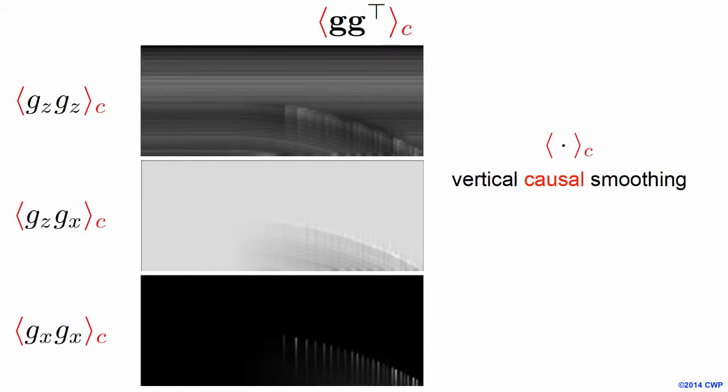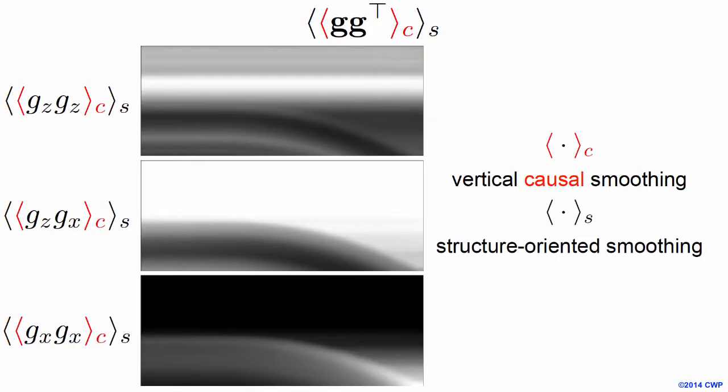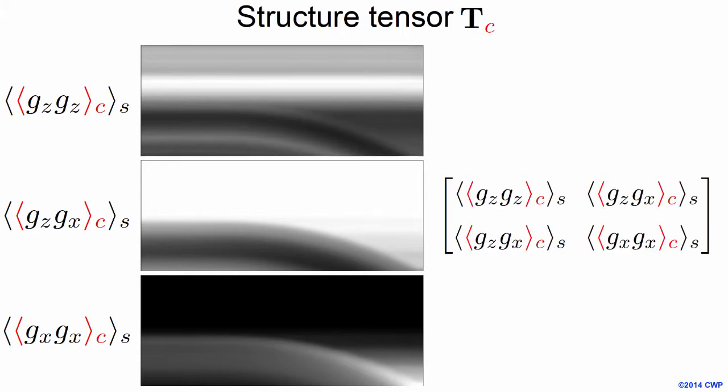Now for the smoothed outer product with the vertical causal smoothing filter, we further apply a structure-oriented smoothing filter. After doing that, the structures in these 3 images are extended along the seismic reflectors. And this smoothed outer product is the structure tensor TC.